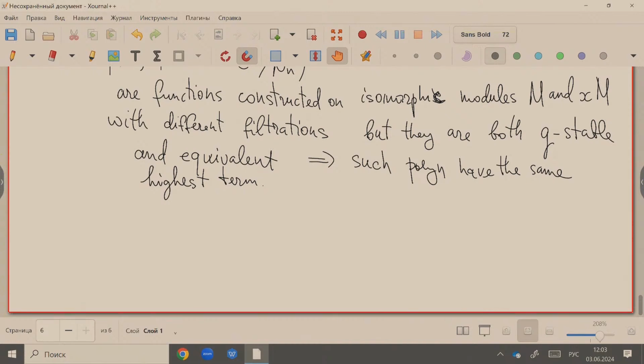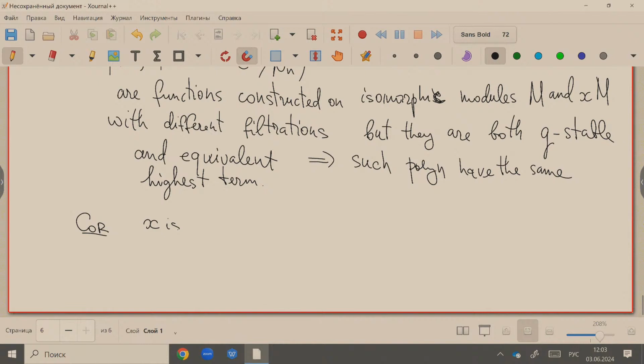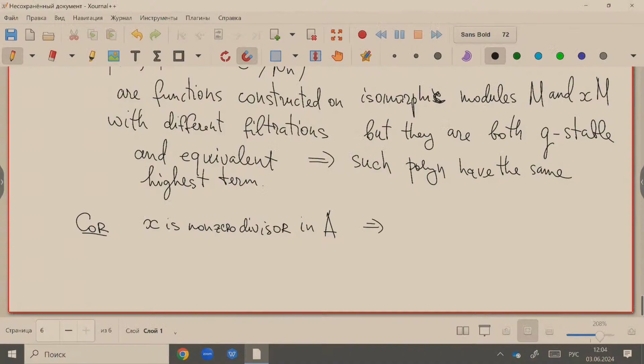Но как бы следствие, so the corollary: if x is a non-zero divisor on A, this implies that the degree function decreases.